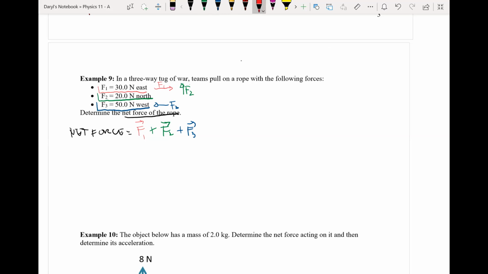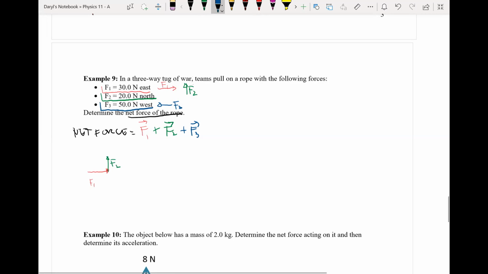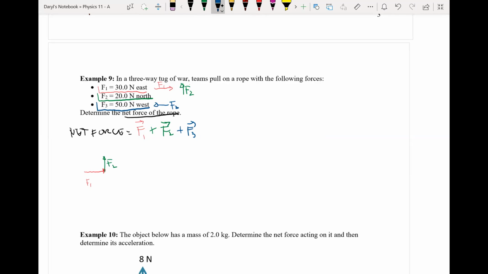To draw the vectors, you start with your F1 going to the right, it's east. F2 is going to the north, and that is your F2. And then F3 is to the west, which is to the left. It's around 50 newtons, so it should be longer than your F1.